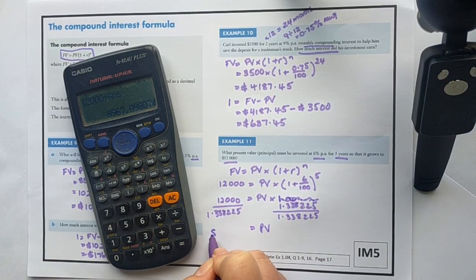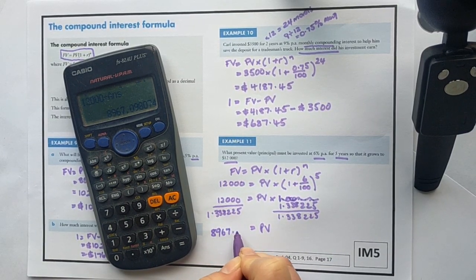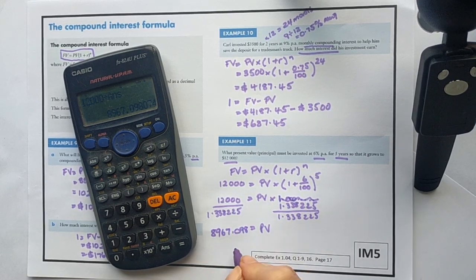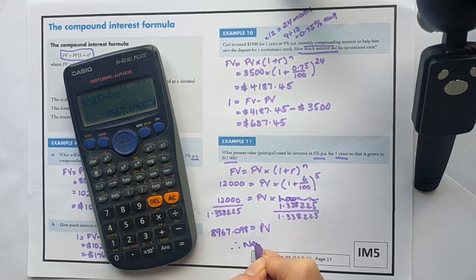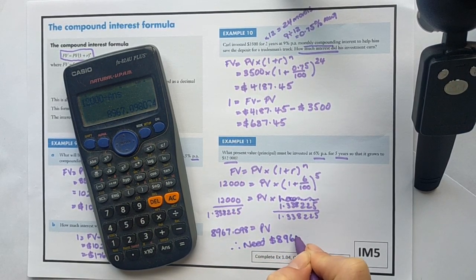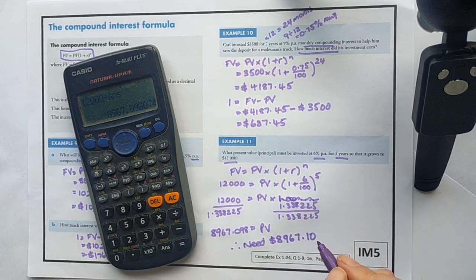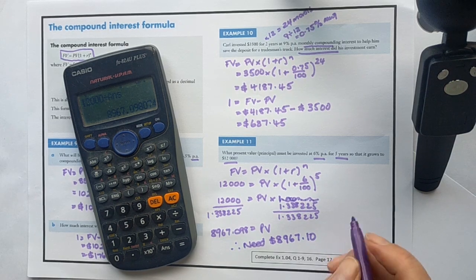And that tells us 8967.098. So, therefore, you need 8967, let's say 10, to be invested to get the money in the future.